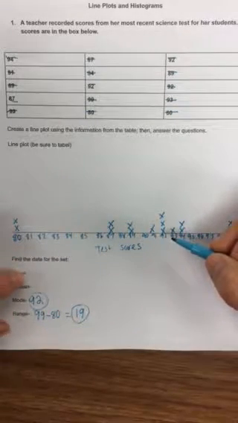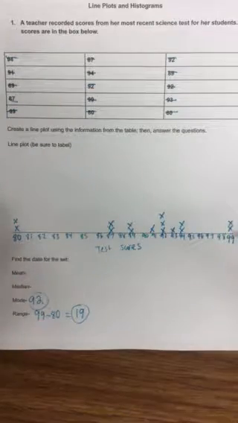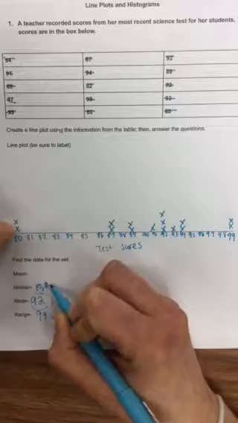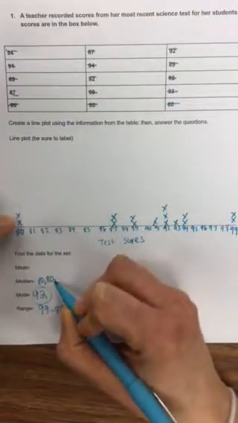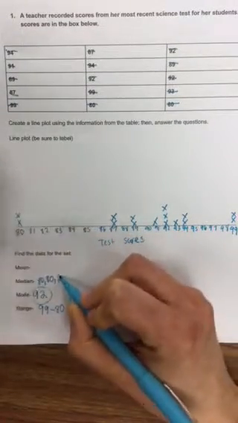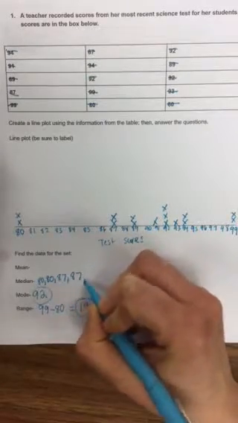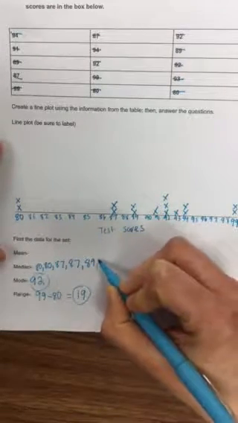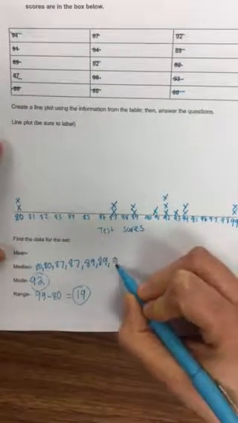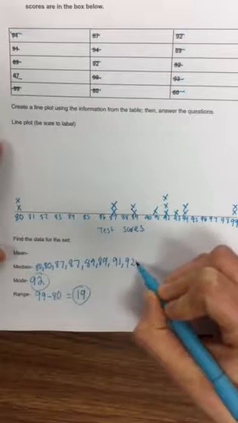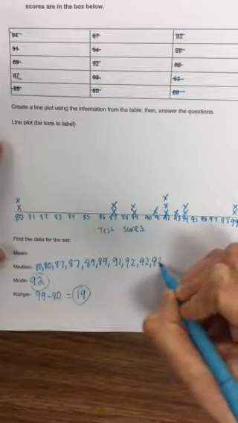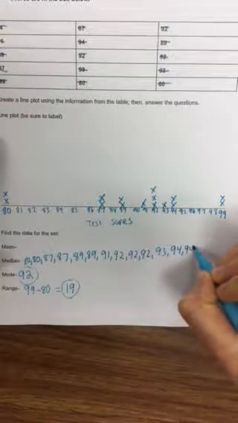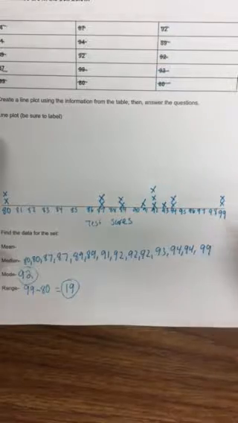For the median, you're going to have to line up all the numbers in order, but luckily they're kind of already in order for you. 80, and there are 2 80s, so make sure you list it twice. The next one's 87, then 89, 91, 92, and there are 3 of those. 93, the 94s, and the 99s.